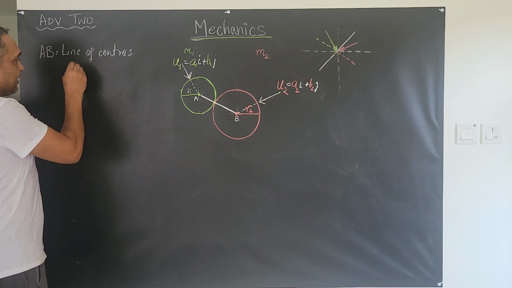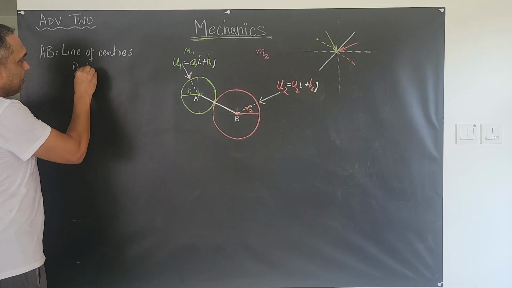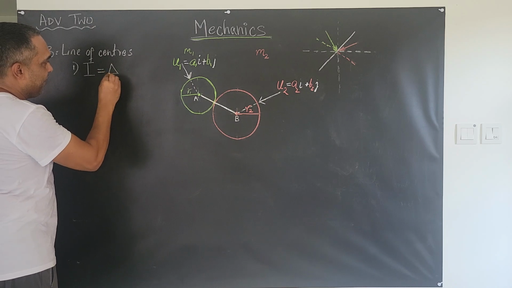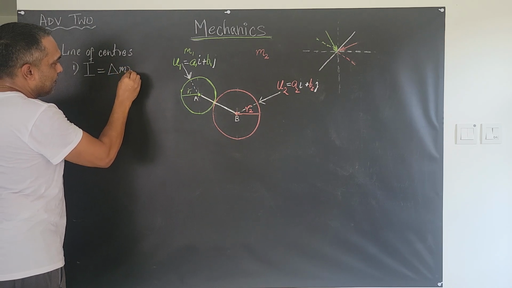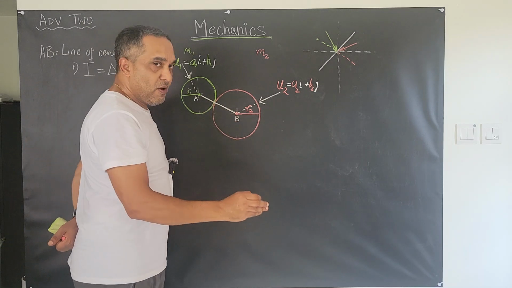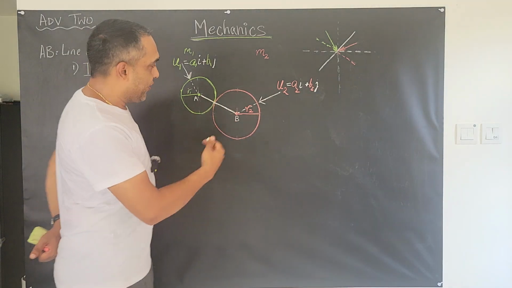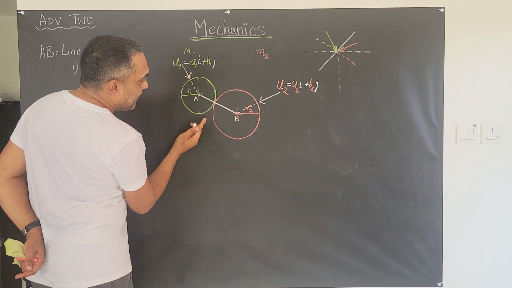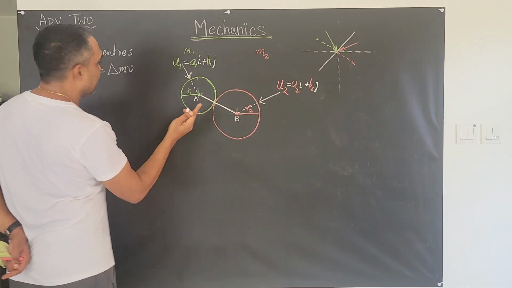You remember three things when it comes to the line of centers. One, the impulse momentum principle, I equals delta mv. This is applicable along the line of centers. Remember why? Because we talked about resolving forces. These are oblique collisions, so there is a resolution along the line, and there is one that is along the horizontal.